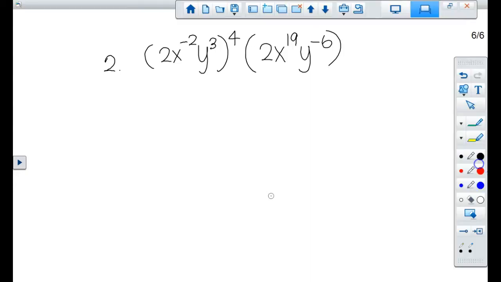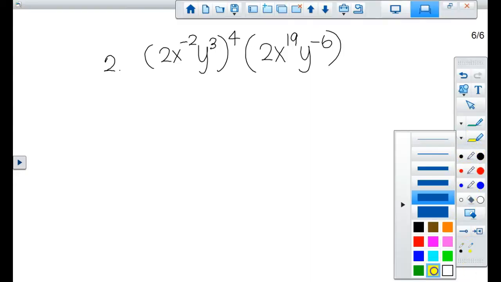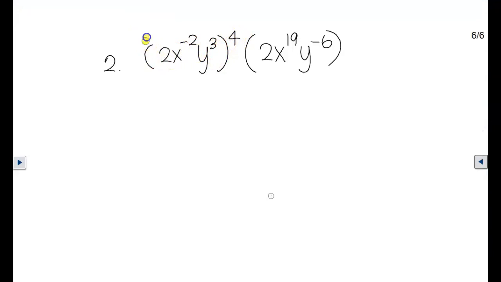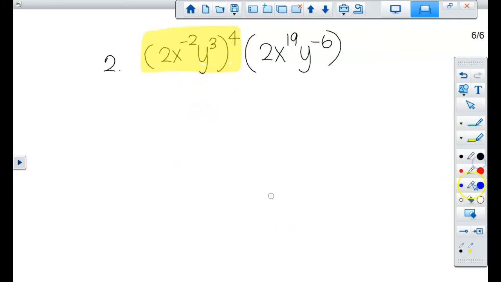So the first thing I want you to do, remember, is to look for power to a power rule. And this problem has it, because everything that is inside this set of parentheses is being raised to the fourth power. So right here is the first part of the problem that I'm going to have to deal with. I'm going to have to do this power to a power part of the problem.